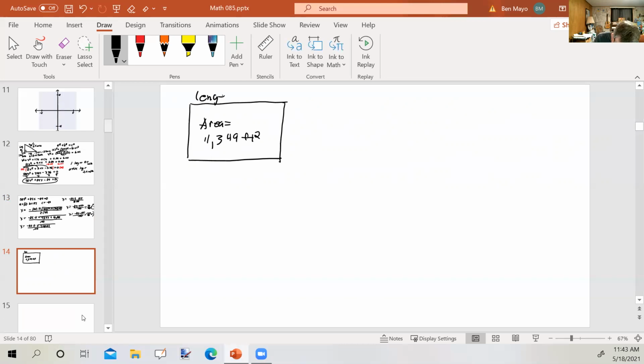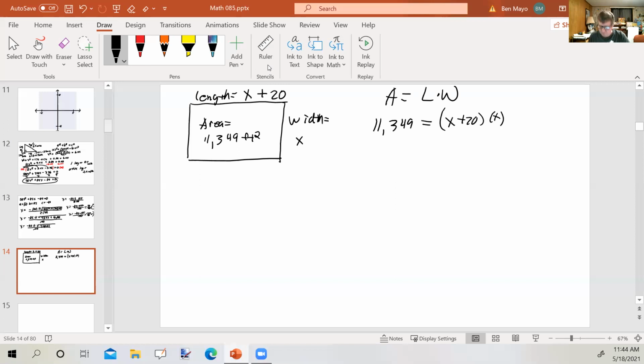Okay, so let's call this the length and this the width. How about if we let the width be x, the length would be x plus, it said it was 20 feet longer, x plus 20, okay? So using the fact that area of a rectangle equals the length times the width, we get 11,349 equals x plus 20 times x.